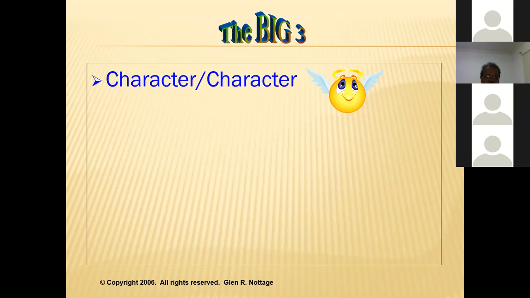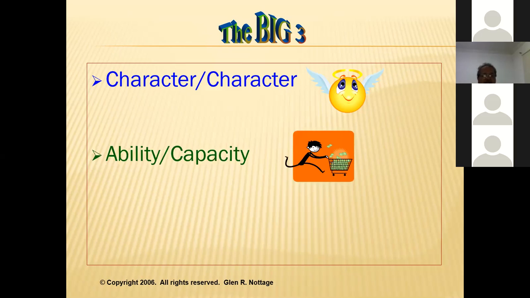So character in both Campari and credit Cs, true blue. Ability under Campari, capacity or capability under credit Cs.